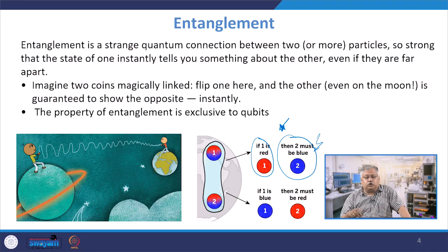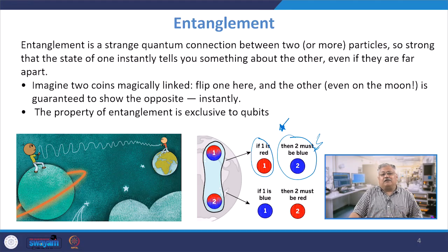The reverse will also hold; this is almost saying alpha equals 1 and beta equals 0. In the second case, if 1 is blue, then obviously you will get 2 as red in the external world. This is entanglement, which means that two states are quantum coupled in space and time.